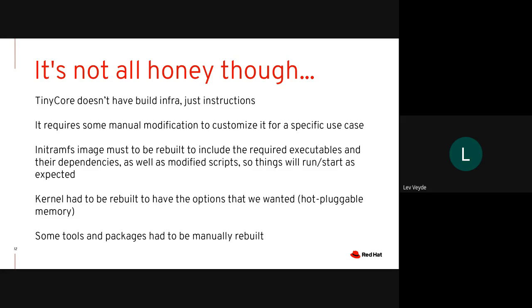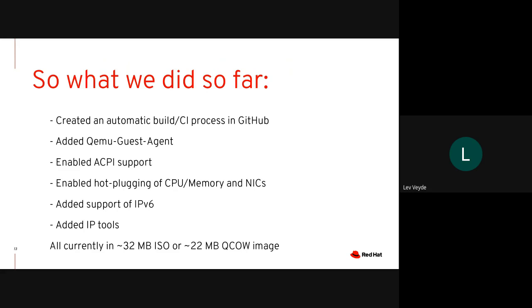And of course, we also needed to rebuild some of the tools and packages in order to make the distribution work the way that we wanted. So what we did so far for this project, we created an automatic build and CI process in GitHub.